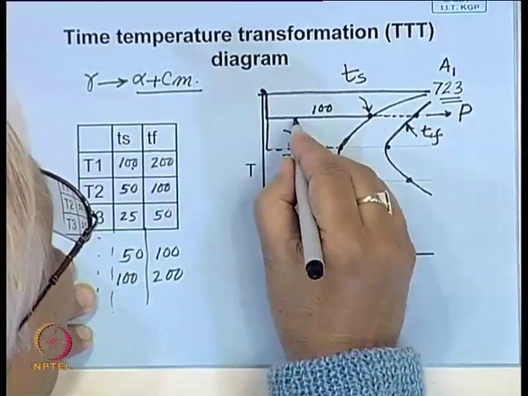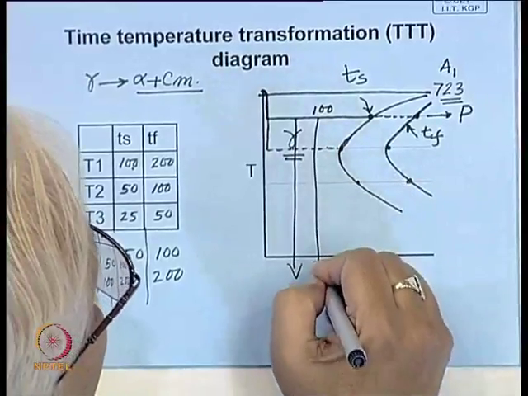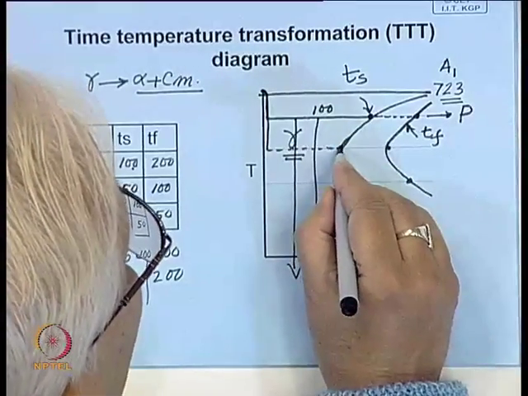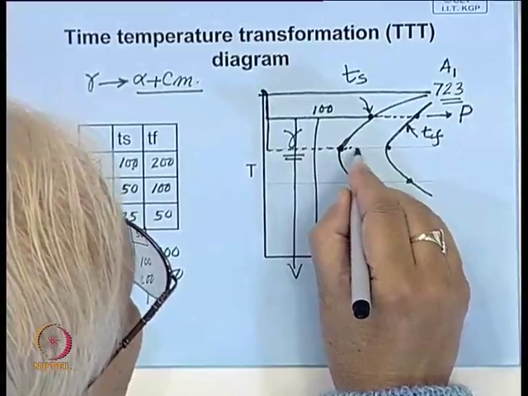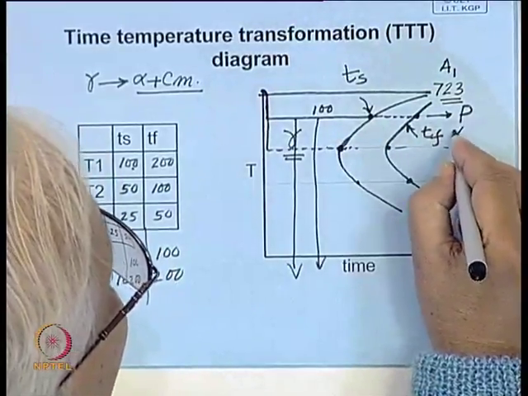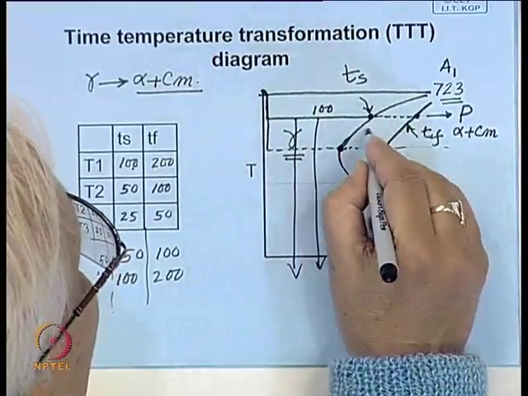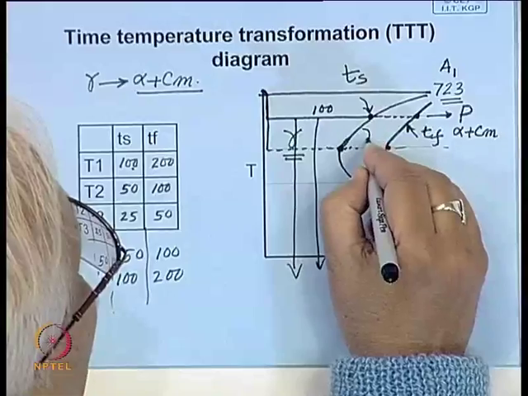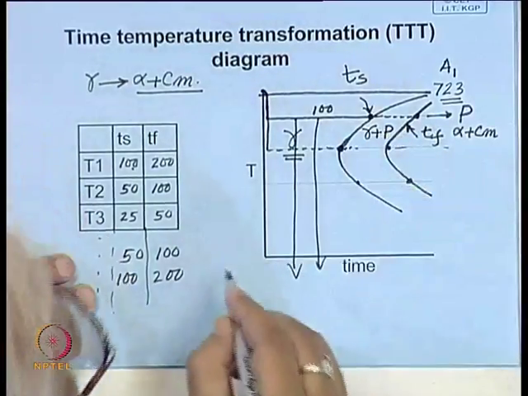Some of the samples you have cooled from here; we will see what happens in those cases. After it comes here, the perlite transformation starts and here it is completed. Perlite, you know, is made up of ferrite and cementite, and in between you have a mixture of austenite plus perlite.